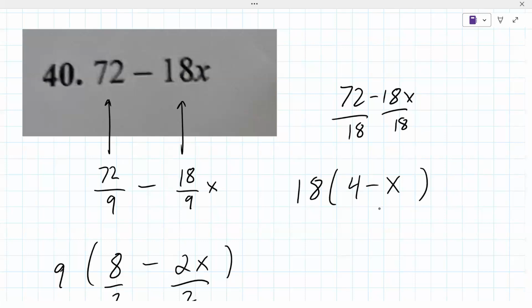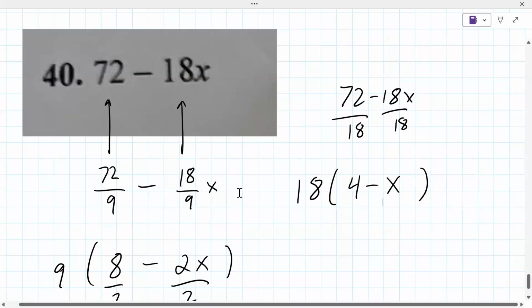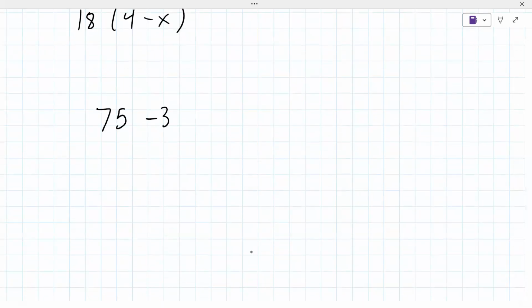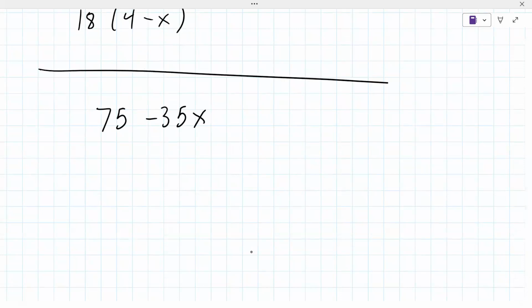Okay. Let's try another one here. Go ahead and try this one, please.